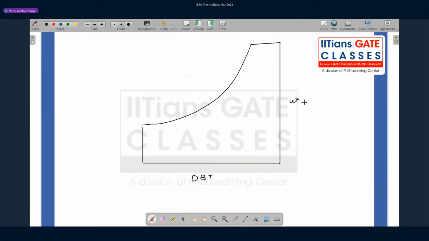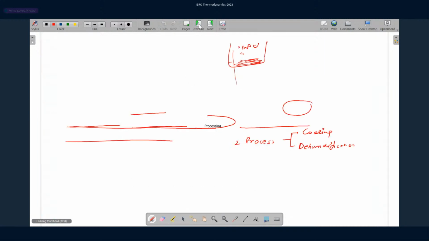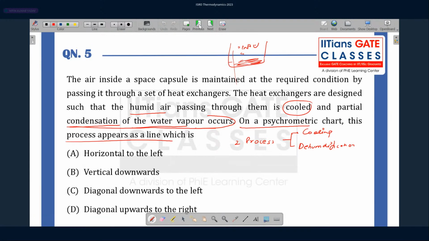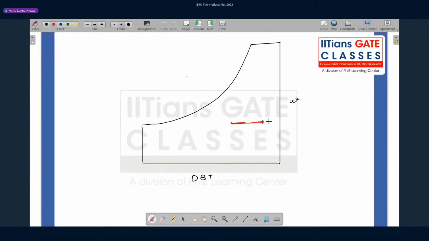Here we have specific humidity. Now, how do you show this? If you go in the right direction, this is heating, sensible heating. If you go in this direction, this is sensible cooling.